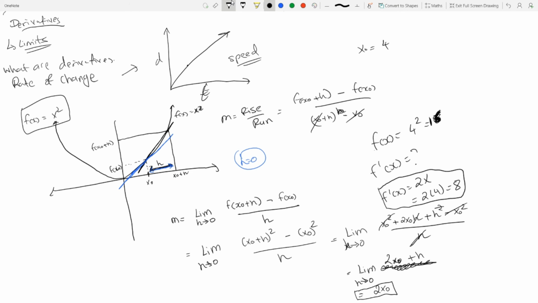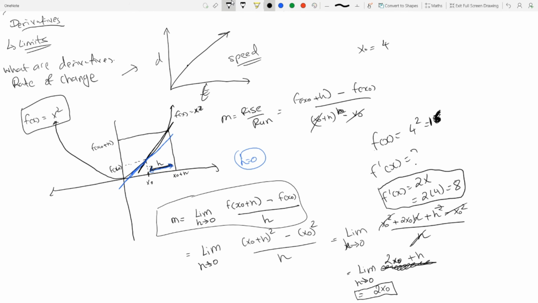If it's distance versus time, it's how the speed is affected, or instantaneous speed, right? If it's speed versus time, it's the instantaneous acceleration. That's what derivatives are. And this is the limit definition of a derivative. Okay, it's pretty simple.